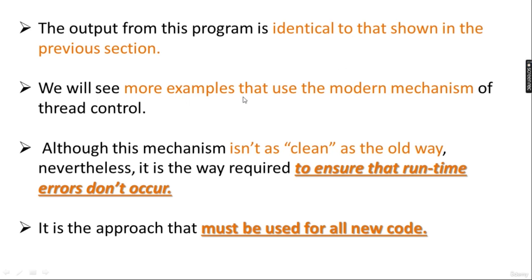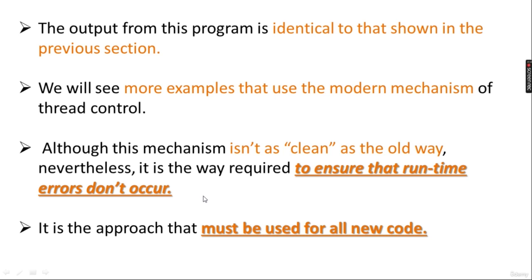Now, we will see more examples in upcoming sessions that use a modern mechanism of thread control. Although this mechanism is not as clean as the old way, nevertheless, it is the way required to ensure that runtime errors do not occur. To handle our critical data structures like files, linked lists, and so on, we cannot use the suspend, stop, and resume methods. Okay.